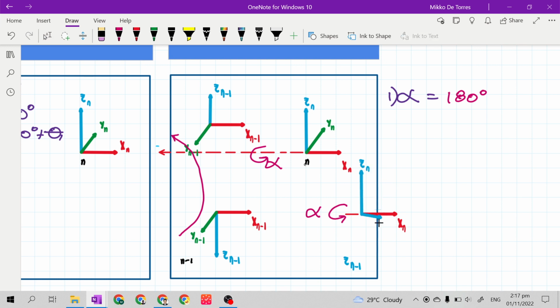The amount of rotation is 180 degrees, positive 180 degrees because we are rotating counterclockwise.